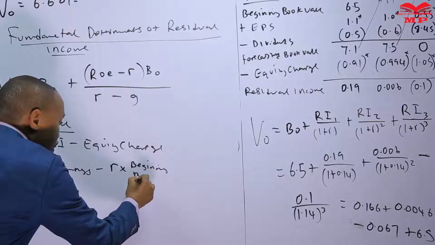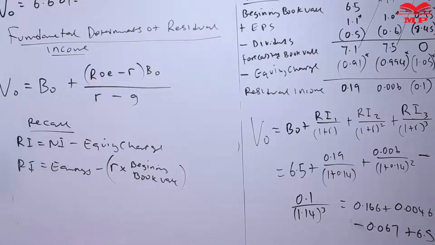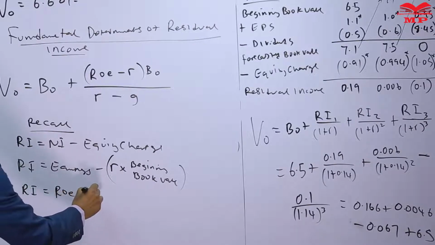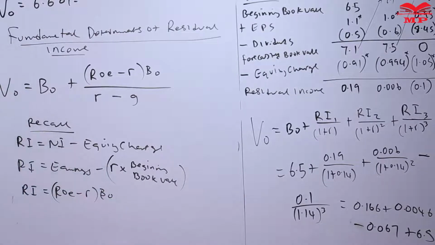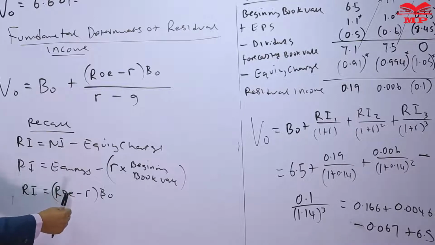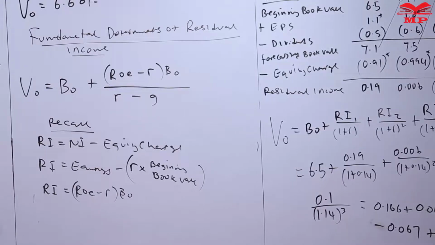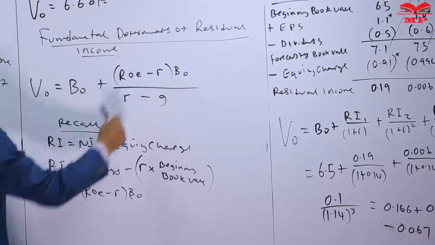We also said that residual income is given as ROE minus R times B naught, or beginning book value. So ROE, or return on equity, minus the required return times the beginning book value gives us the residual income. And notice this is what we've just done over here.